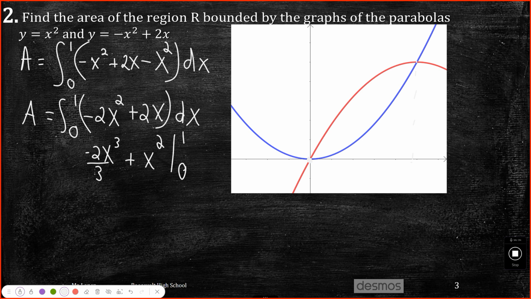And hopefully if they give you this on a multiple choice, it's not algebra intensive. It would be something easy like this again. I think this is pretty easy. You plug in 1 here, then you're going to get negative 2 thirds, x is 1 squared, and if you plug in 0, this whole thing over here is going to be 0.